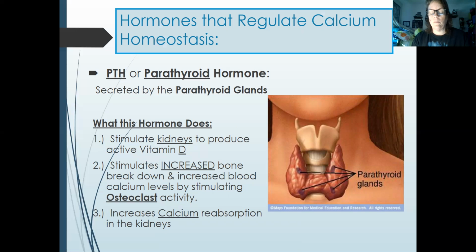The kidneys are there to remove wastes, and sometimes it removes other stuff as well, maybe excess calcium if your body doesn't need it, along with some other things. We'll talk about it when we get to the urinary system. But in this case, if your body needs the calcium, it's going to reabsorb it instead of letting you pee it out. Okay, so PTH is there to help increase calcium in the blood when blood calcium levels get low.